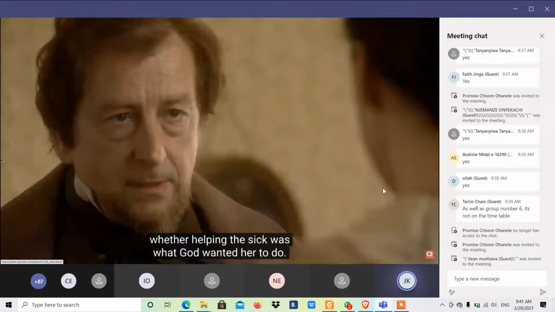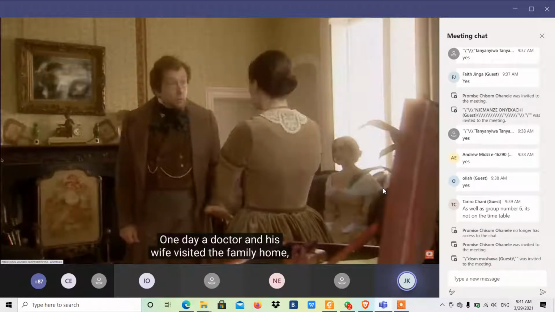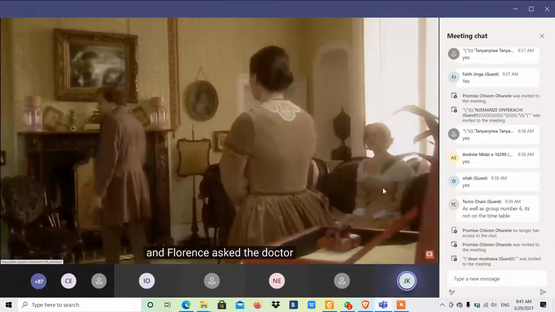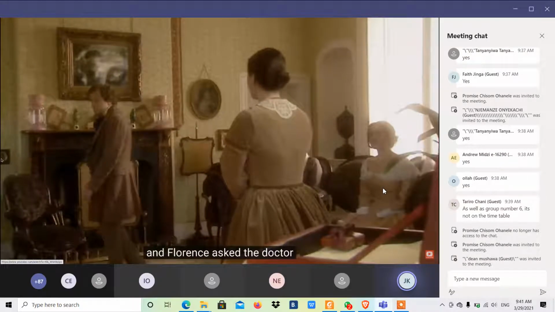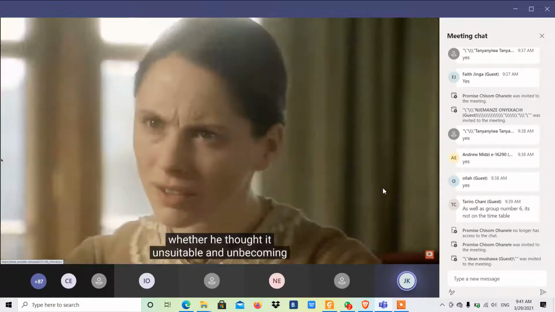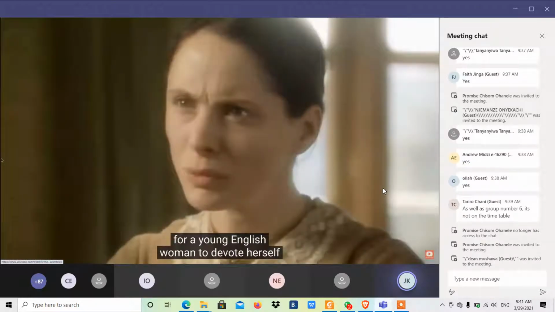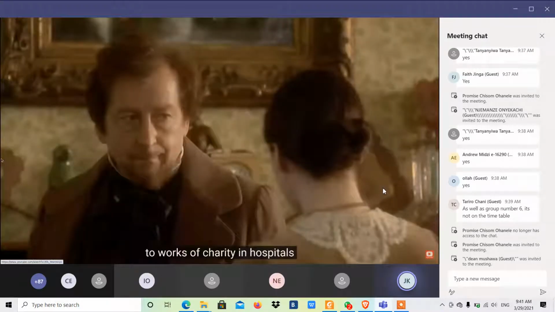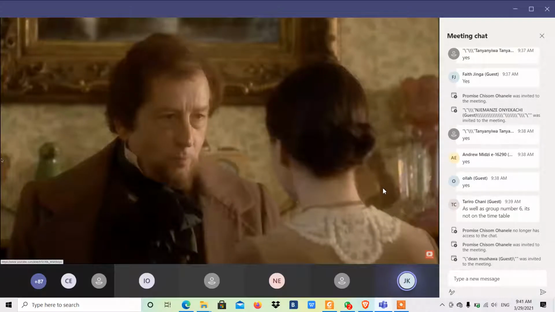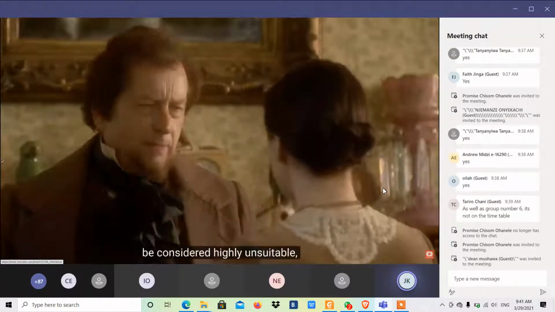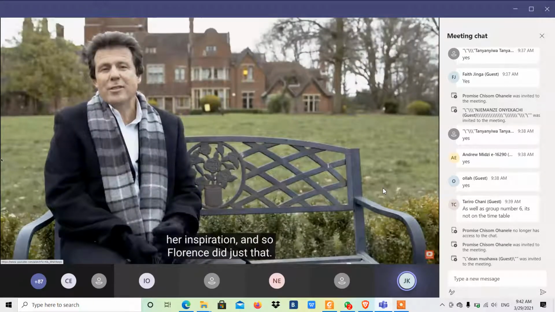One day, a doctor and his wife visited the family home, and Florence asked the doctor whether he thought it unsuitable and unbecoming for a young Englishwoman to devote herself to works of charity in hospitals and elsewhere like the nuns. The doctor answered that it would indeed be considered highly unsuitable, but he still told her that she should follow her inspiration. And so Florence did just that.